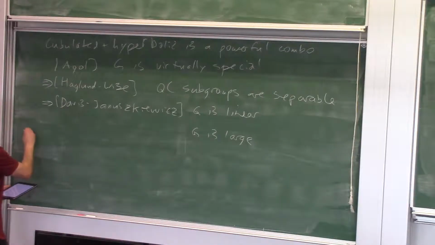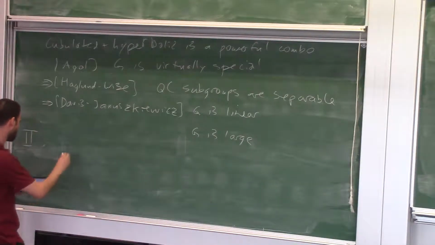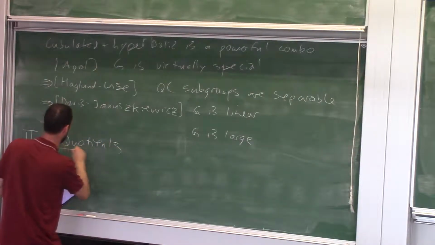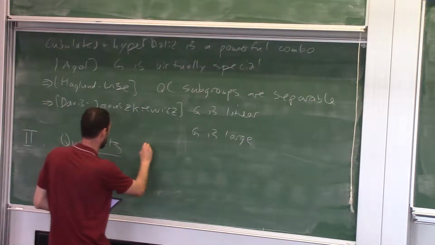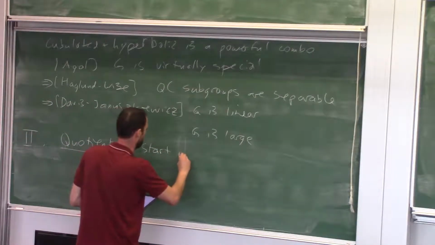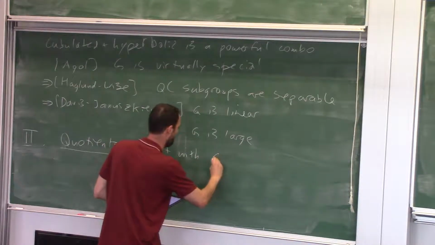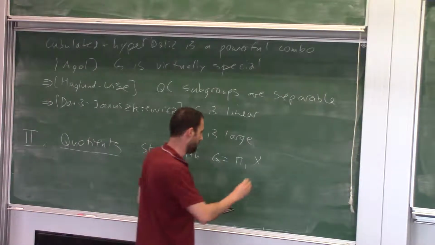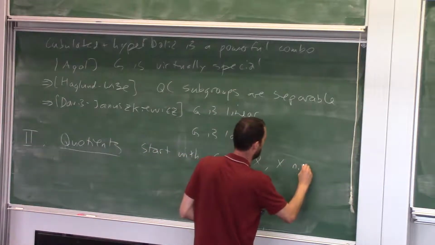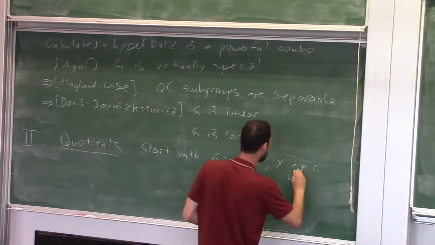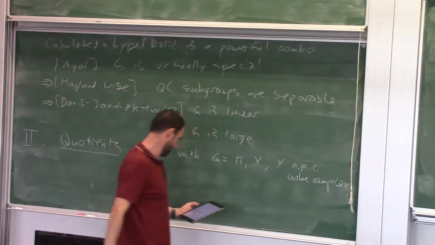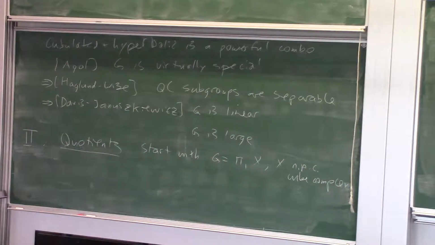Okay. So part two, we're going to talk about quotients. So we're going to start with a group of this type. So let's say X a non-positively curved cube complex. We'll start with a cubical group. We're going to choose a bunch of geodesics and cone them off.